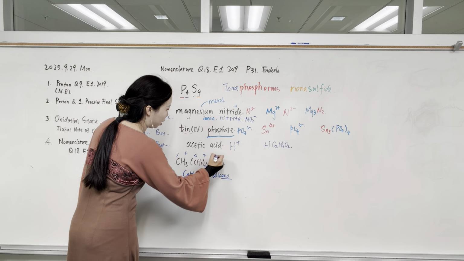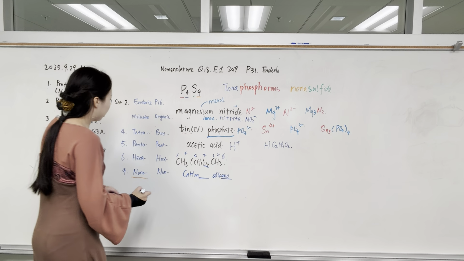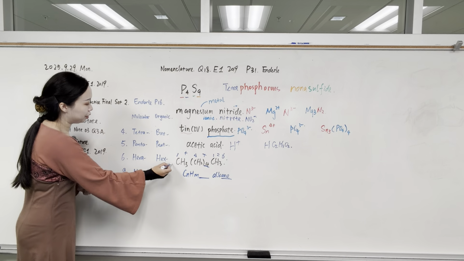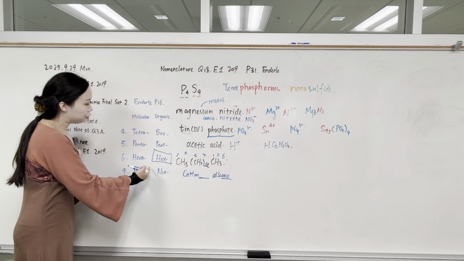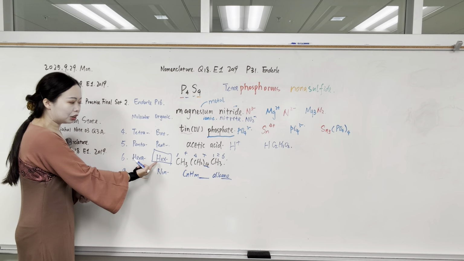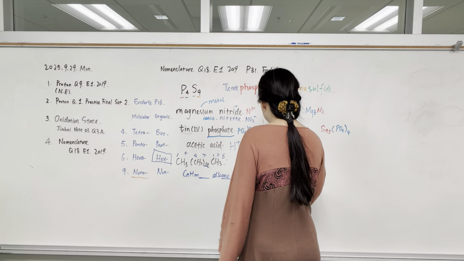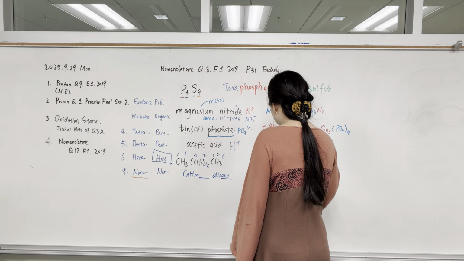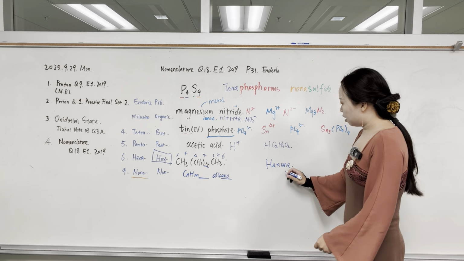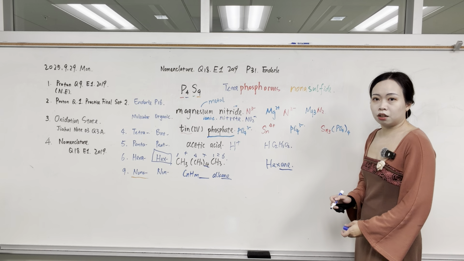So 1 plus 4 plus 1 equals 6, and you're going to find their prefix. Don't use the molecular one, use the organic one. Because there are 6, this is going to be hexane. A-N-E. Are we good?